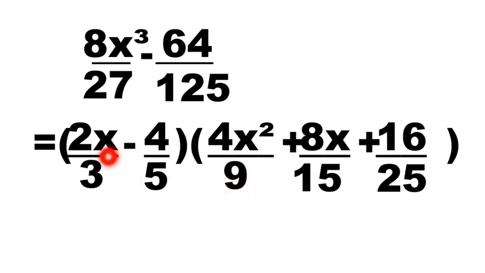Then multiply 2x over 3 and 4 over 5, so we have here 8x over 15, and square the last term 4 over 5, so 16 over 25. This is minus, and this is plus and plus. That is how to get the factor of the difference of two cubes.